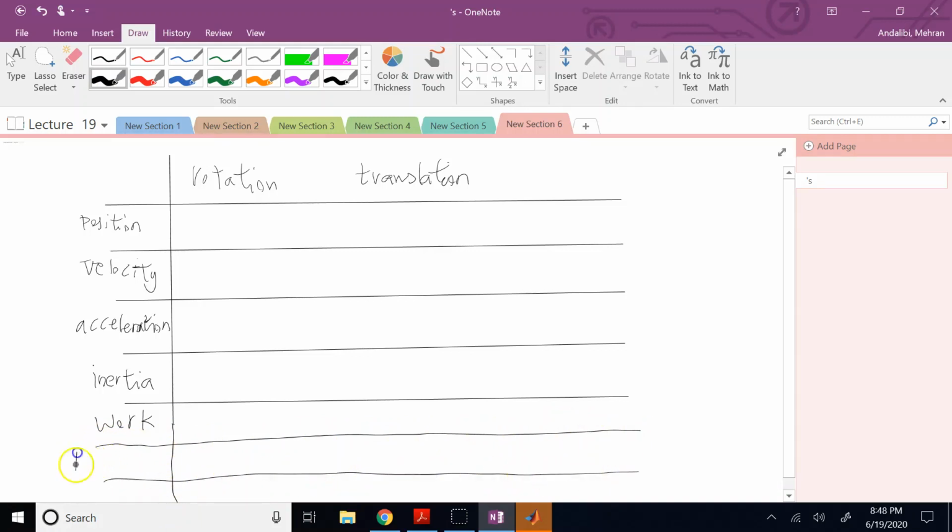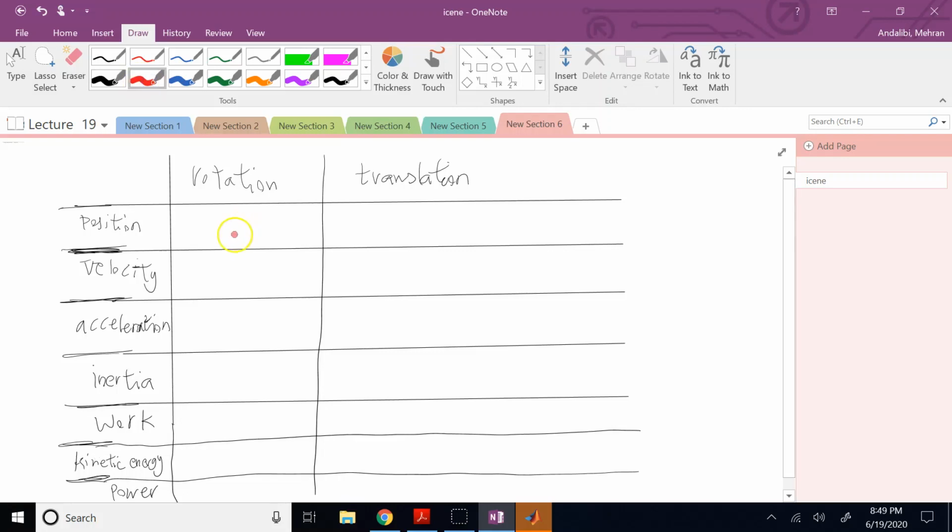So this is going to be kinetic energy. And this is going to be power. So what's the difference between a translatory system and a rotary system?